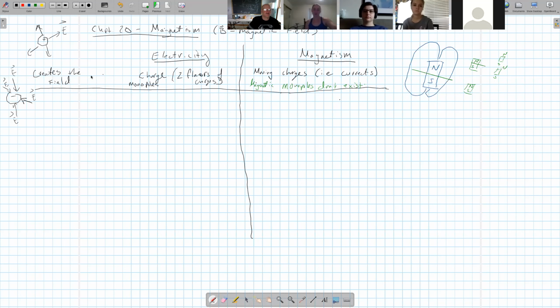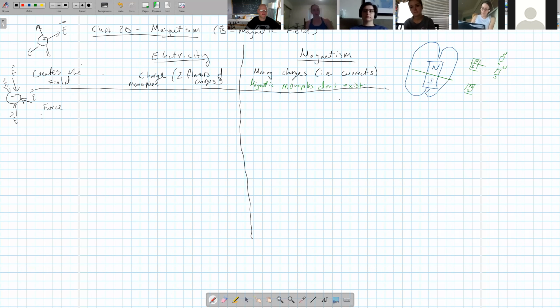So great. Having said all that, again, we know that what creates the electric field is charge. So here we have monopoles. We have single charges which create electric fields. For magnetism, we have to have moving charges, i.e. currents, and these never exist as a single pole by itself. Good, so let's talk about the type of force.